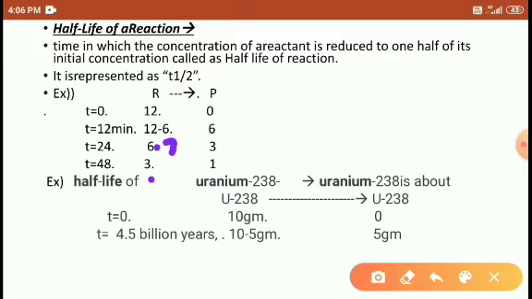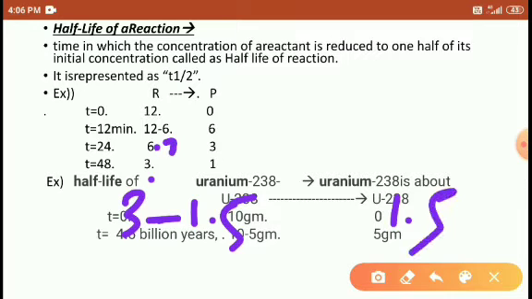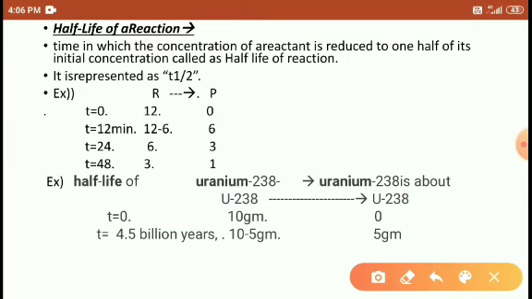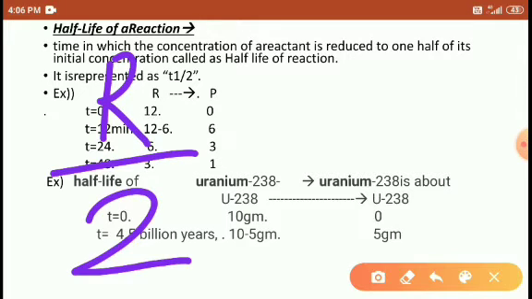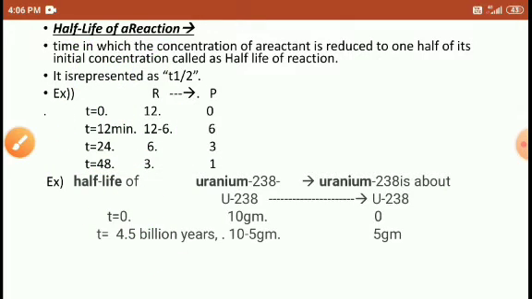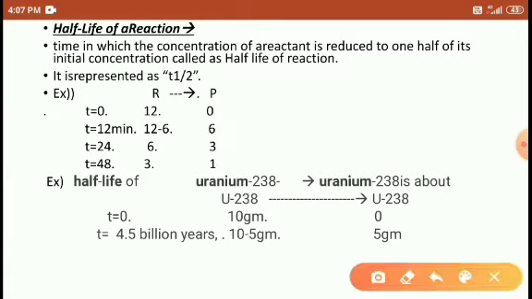Again time increases, and from the 3, 1.5 decreases and 1.5 turns into the product side. So the time in which the concentration of reactant is reduced to half is called the half-life order of reactions.